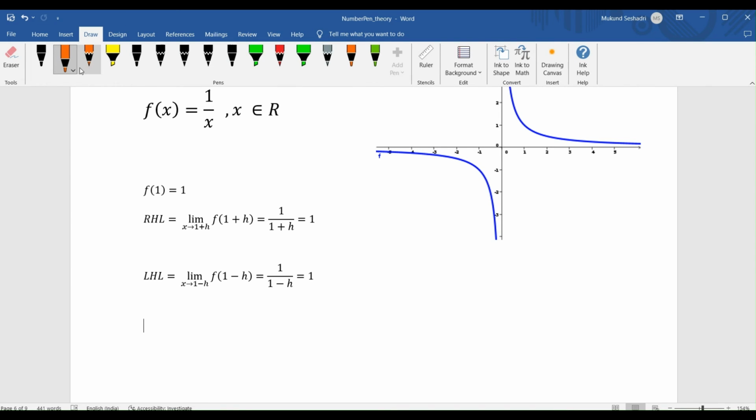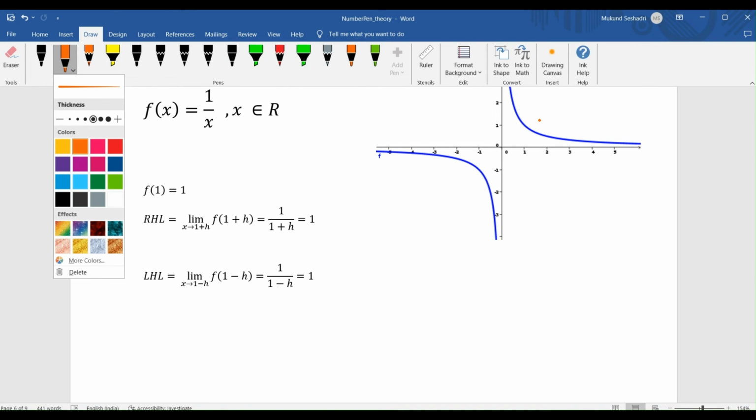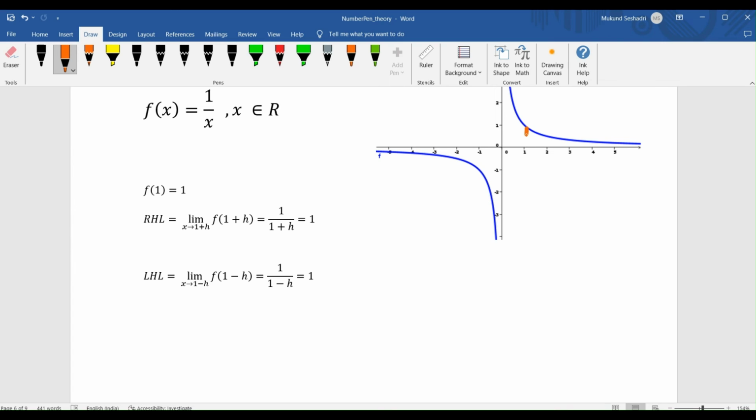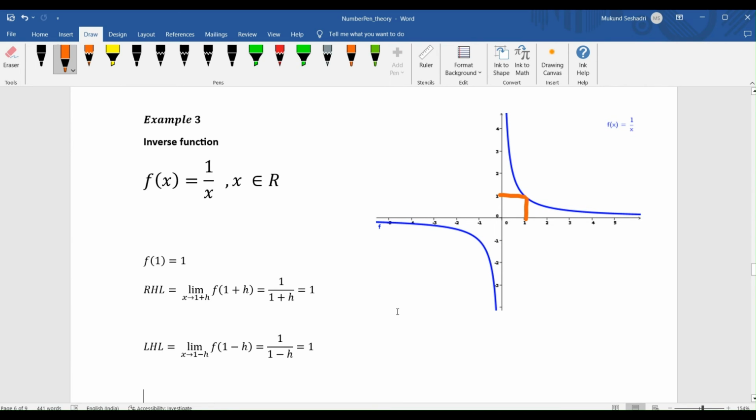So let me pull out the point on the graph. So this is where you have x equals 1, right? And so the function is continuous at x equals 1. Now, why is there a break in this particular graph as x tends to 0, right?